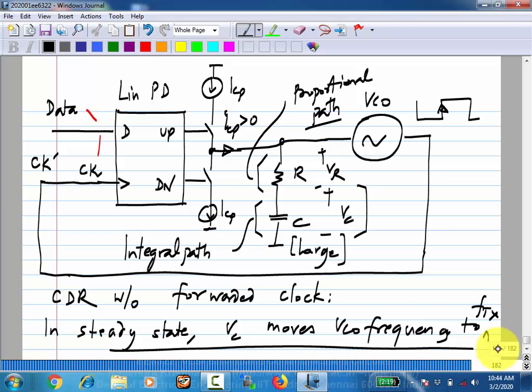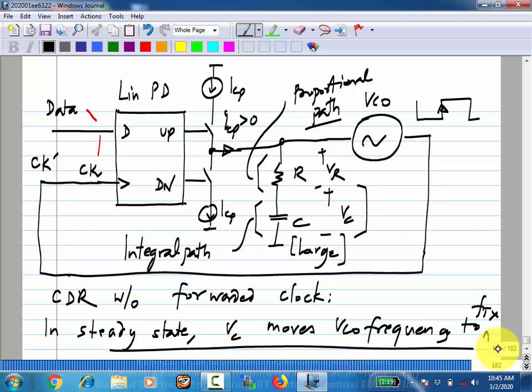Any questions on any of this? Yeah. For these things to work in practice, you have to start from a frequency that is near the data.